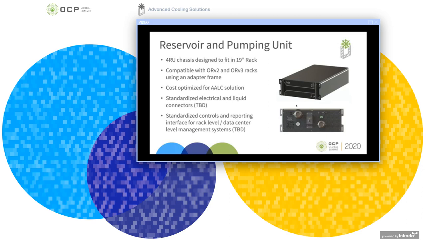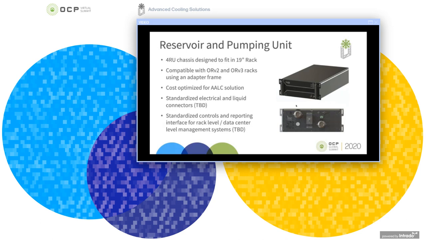As always, cost optimization was a requirement, so we removed all non-essential components ranging from the heat exchanger to the touchscreen interface. To support interoperability between vendors, standardization for electrical and liquid interfaces is required. This includes not only the type of connector, but also the locations, just to make sure that there is no crashing with any other components in the system.